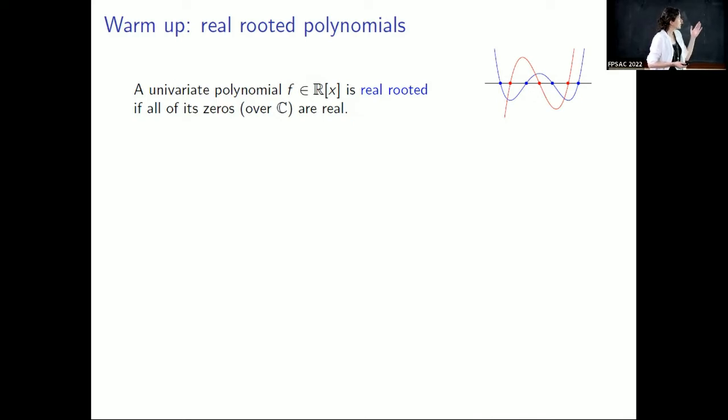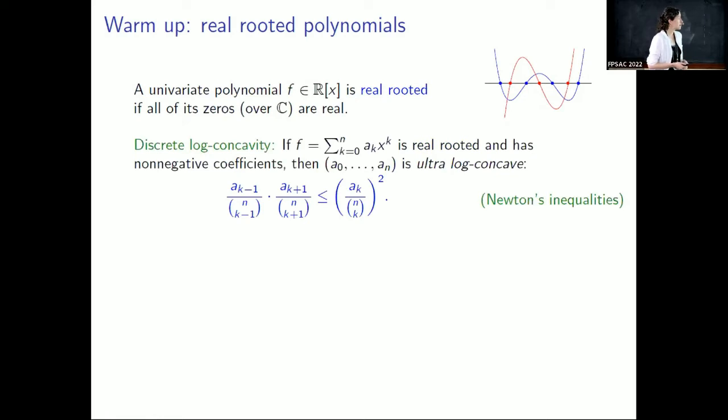And this class of polynomials has lots of nice properties. In particular, if a univariate polynomial is real rooted and has non-negative coefficients, then its coefficients inherit a certain discrete log-concavity property known as ultra-log-concavity.